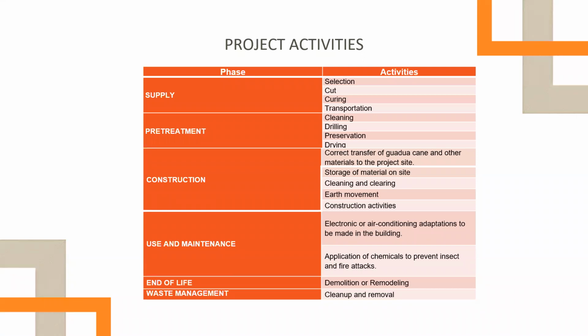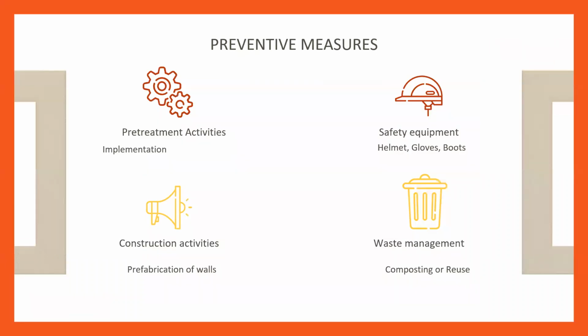Then the construction, because we need to check if we have available material close to the place where we can construct these houses, the use and maintenance, the end of life, demolition or remodeling, and the waste management, the cleanup and removal.